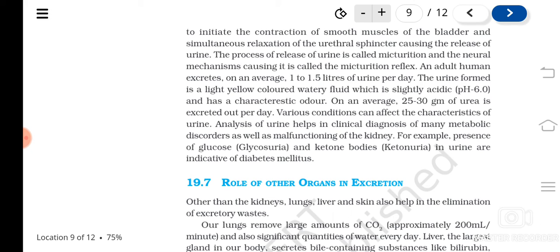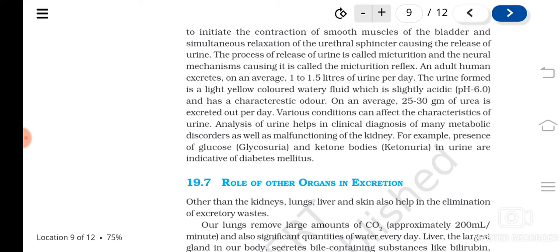We know many clinical conditions can be understood by the examination of urine. If you get any disease, your doctor may ask you to do a urine test, which also gives information about the functioning of your kidney.